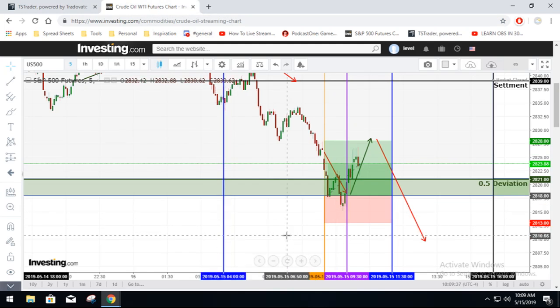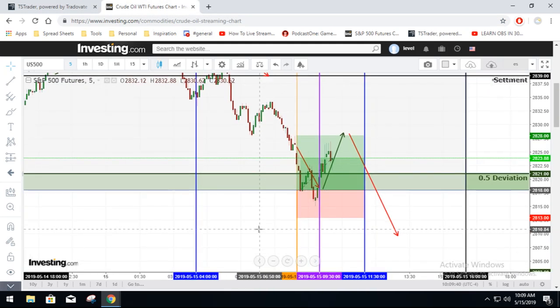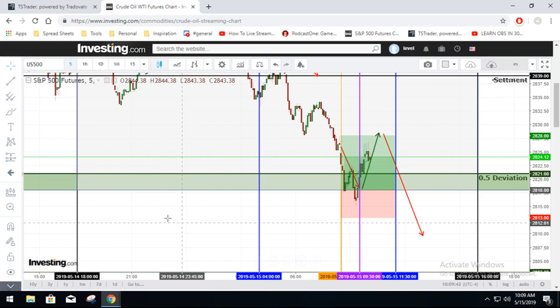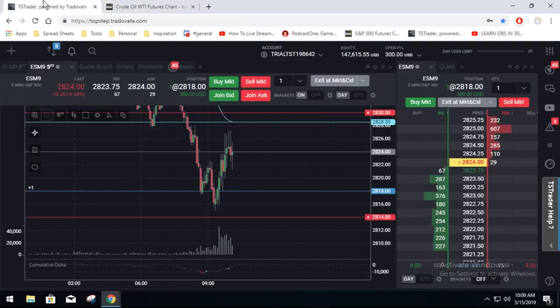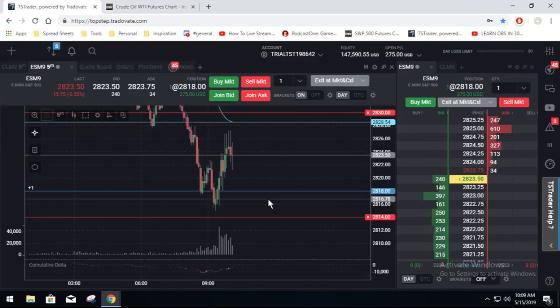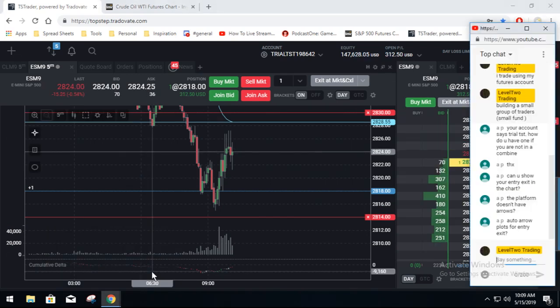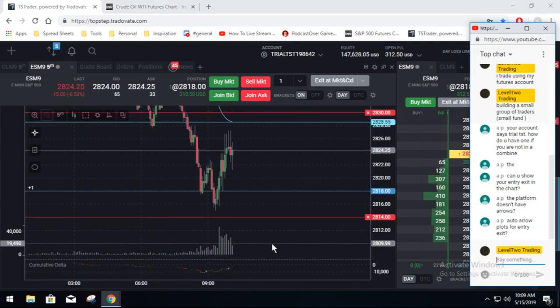I'm using this as more or less an alert chart, and then you have where you want to trigger in and out of the market. That is more or less how I trade.